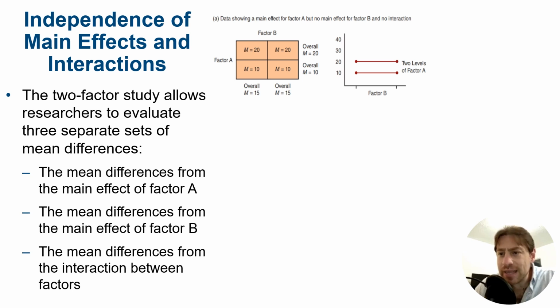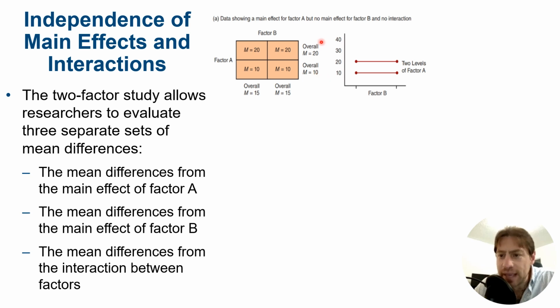So let's look at an example. Here we have a 2x2 design with a matrix and a plot. And here we have an example of a main effect of factor A. How do we know? Because if we average across factor B, you end up with an overall mean of 20 and an overall mean of 10.